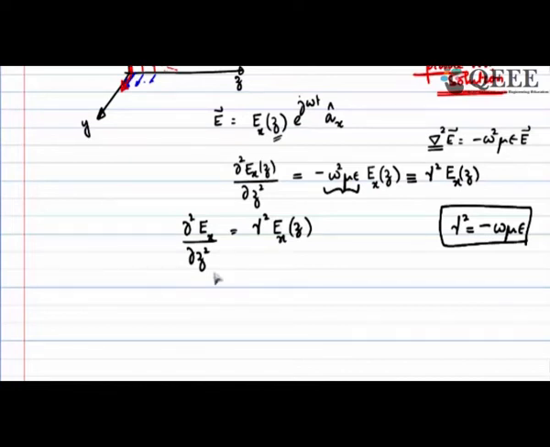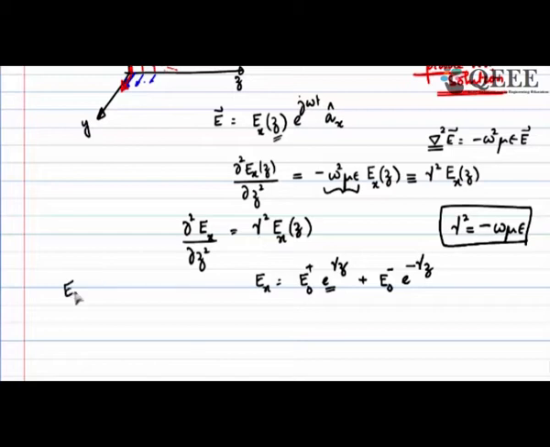What are the solutions for this? I have to integrate and figure out what the solutions are. But I know very well from my differential calculus that the general solution is, I could have a constant E naught, I will use the same notation as in the notes, E naught plus e power gamma z plus E naught minus e power minus gamma z, because when I substitute e power gamma z, that also satisfies this equation.